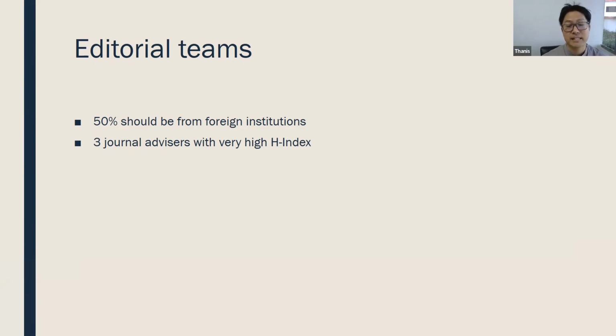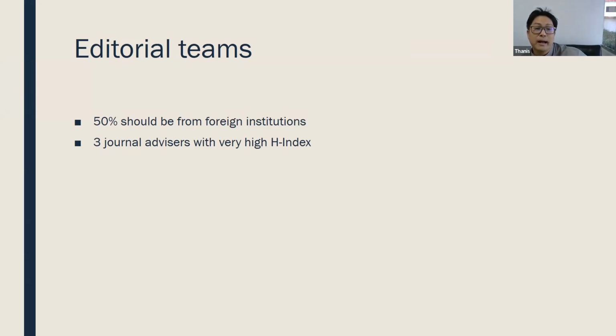Don't forget SCOPUS is international, so your journal must also reflect international quality. So one quality is the diversity of editorial teams. You also need 3 journal advisors with a very high h-index. If you haven't found them, you have to find them now. When we started, we got David Dejtterding, who's very famous in world English testing. So we have to contact different people to get their names.